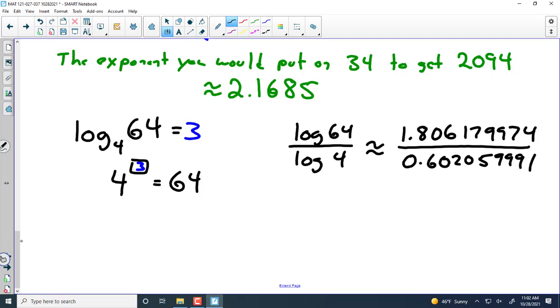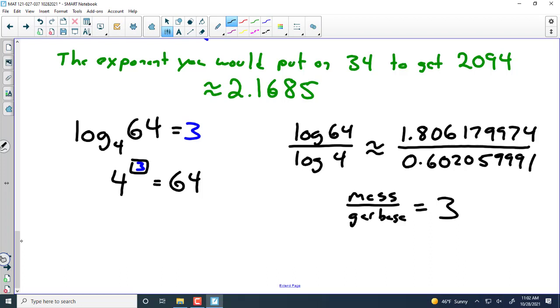No one bothers to write down this step, but when you divide this by this, assuming that I didn't round it and it goes forever and ever, what do you get? You get 3. So mess over garbage actually equals 3 exactly.